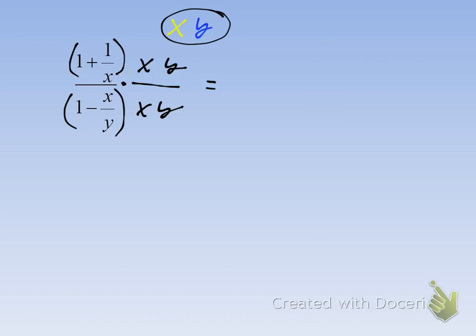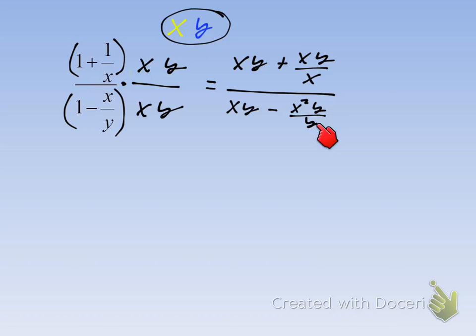You have xy times 1, which gives you xy, plus xy times 1 over x, which gives you xy over x. And that's all over the denominators distributed. xy times 1 gives you that xy, minus xy times x over y gives you x squared y over y.